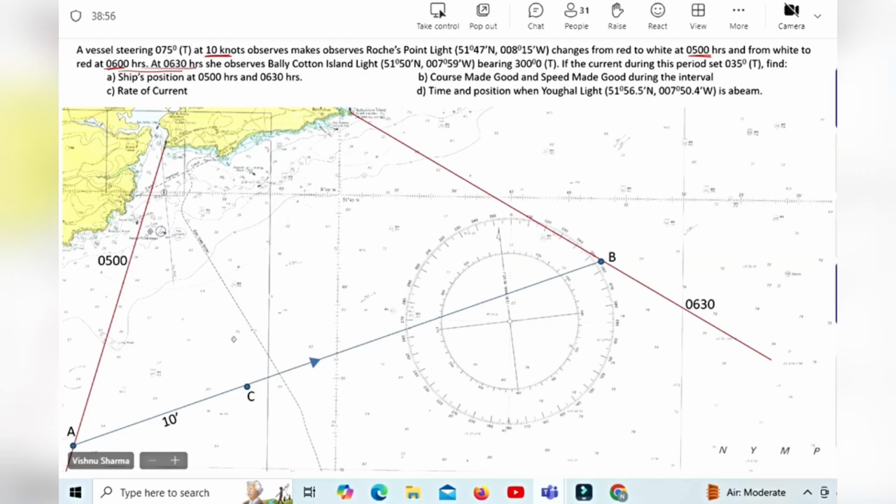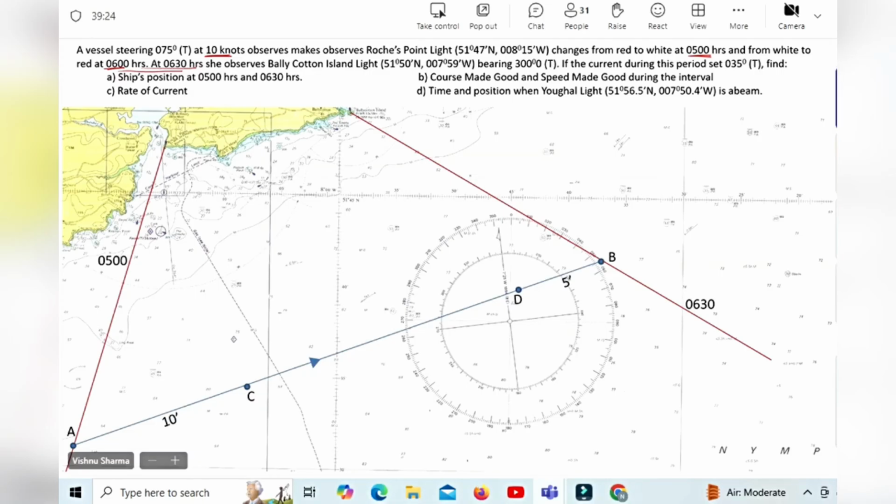Likewise, you will find out the engine distance between the second and the third PL, which is half an hour. So engine distance will be 5 miles, and you will open your compass 5 miles, put it at B, and cut 5 miles on the CTS line and call that point D.